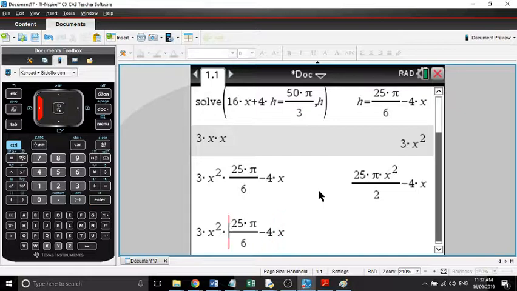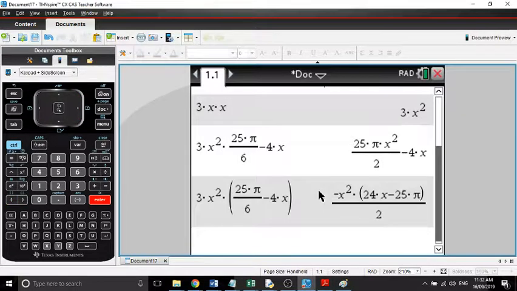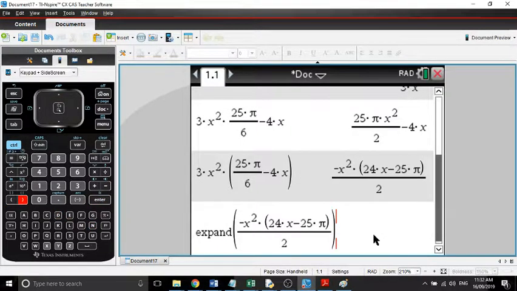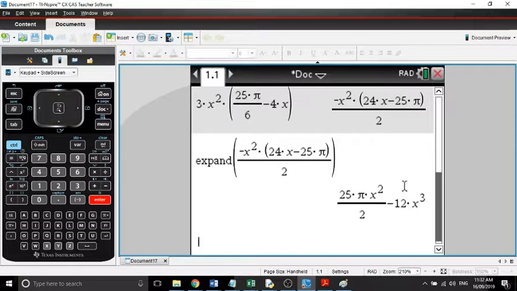So what I'd be saying for this one is I've got my area of the base. I'm going to multiply that by the height, which is this here. And we end up with, can we expand that? There we go.